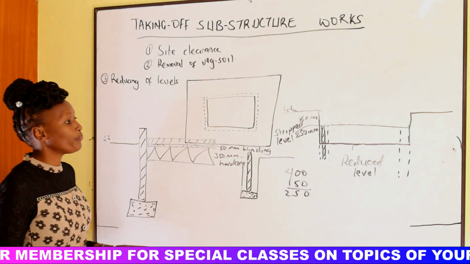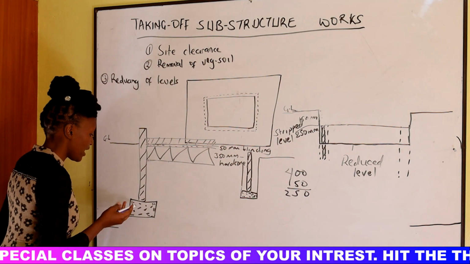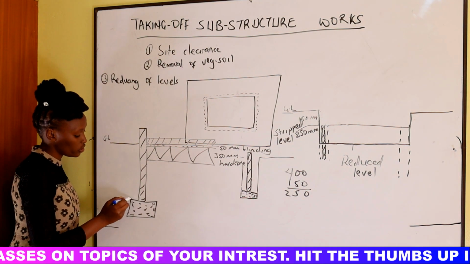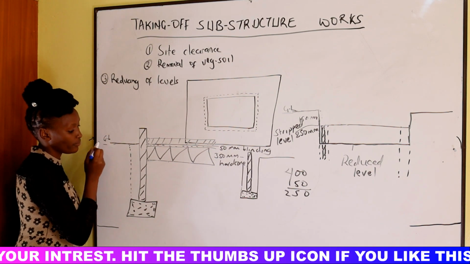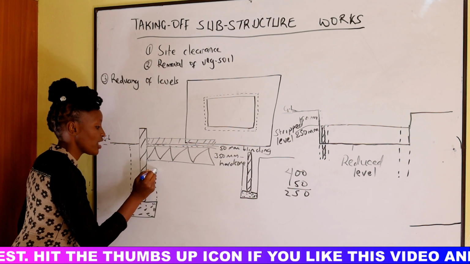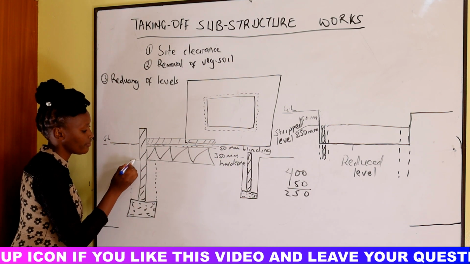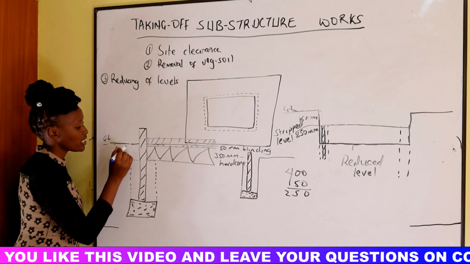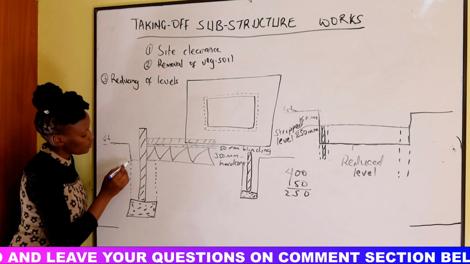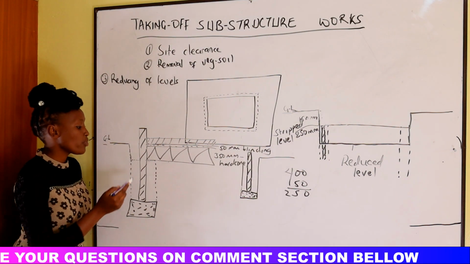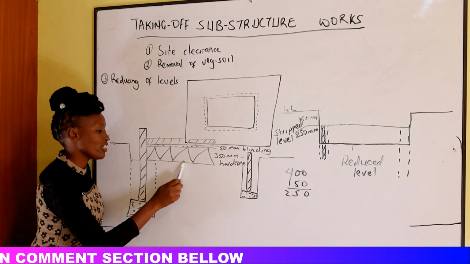Right. So for the excavation of these trenches, maybe you see here we had this foundation wall. The trench will come up to the ground level, and even this side the trench shall come up to the reduced level. This is the trench, because the whole ground where we are constructing will be at this level, the reduced level.